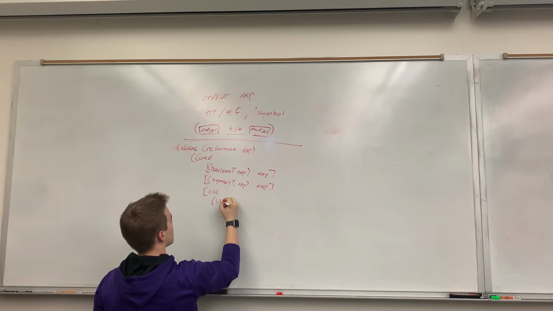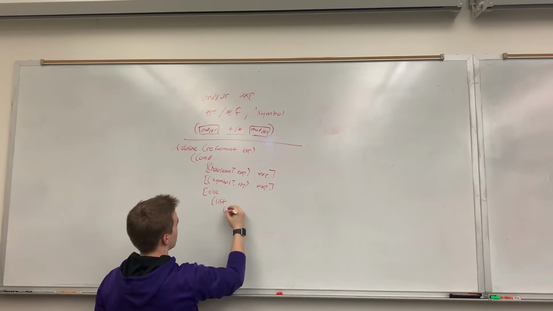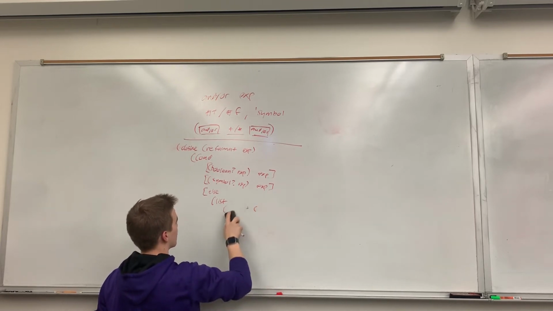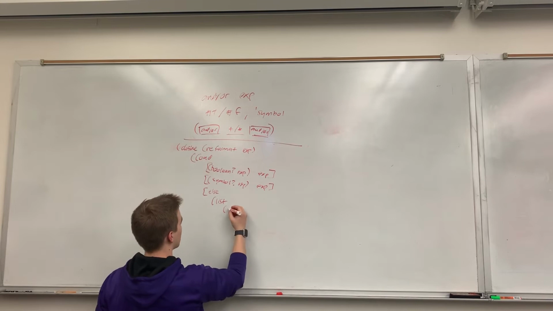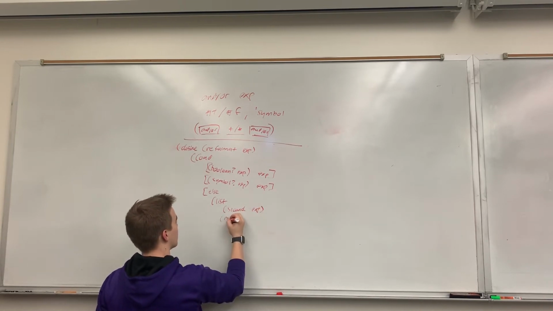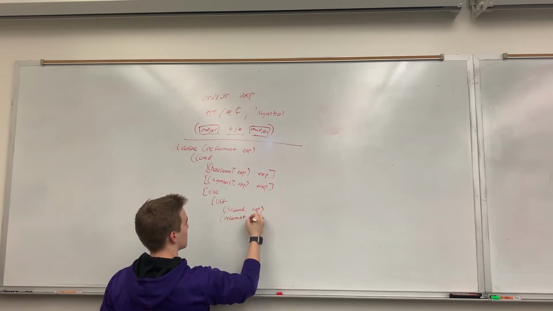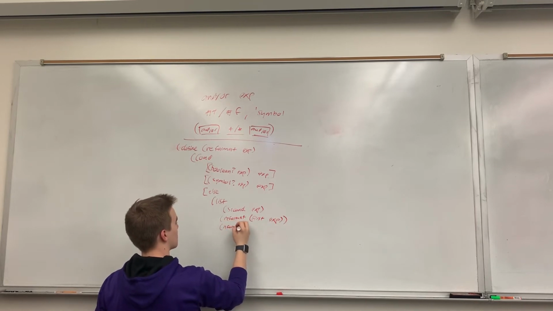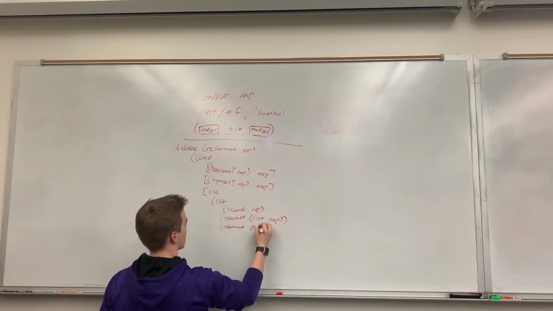So list, well, it would just be reformat. Oh, I guess I don't need to. The first thing is going to be the operation, so I don't need to reformat that. It's just going to be second exp, then reformat first exp, and then reformat third exp.